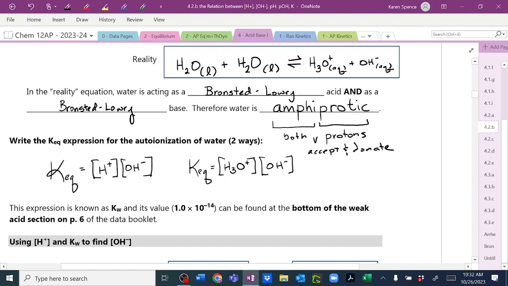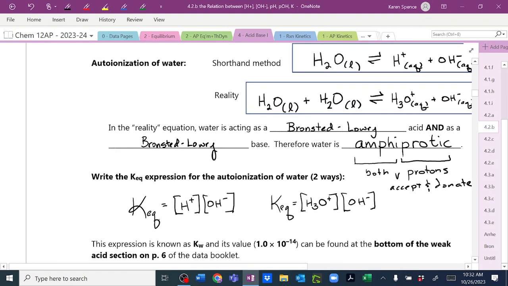Do you know what I mean? You could also write it the other way, you could write 2H2O in equilibrium with H3O+ and OH-, which makes it a little clearer that there's only one liquid.